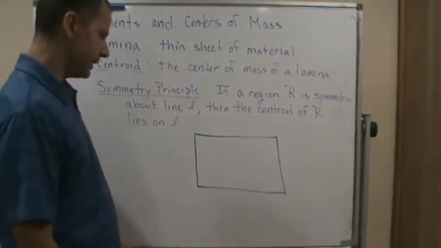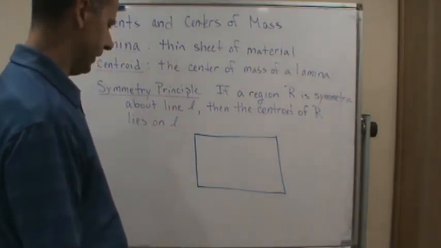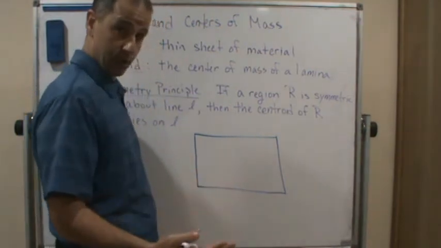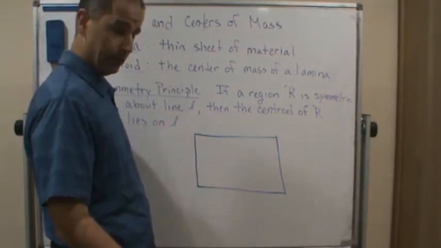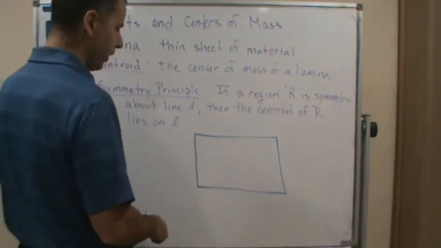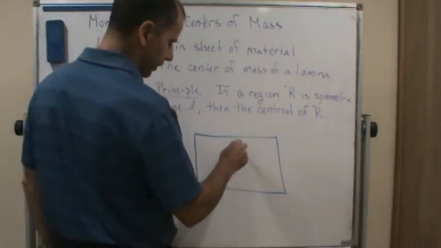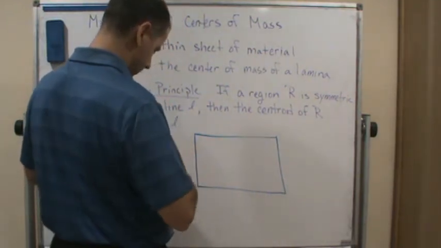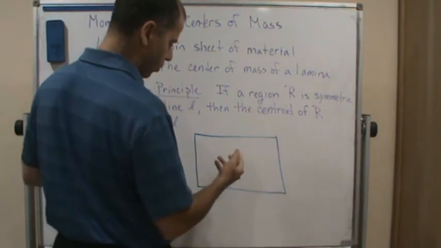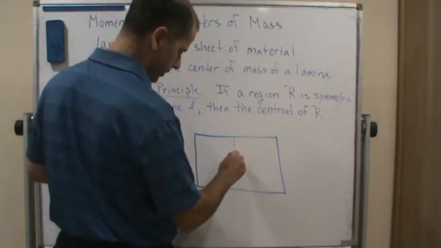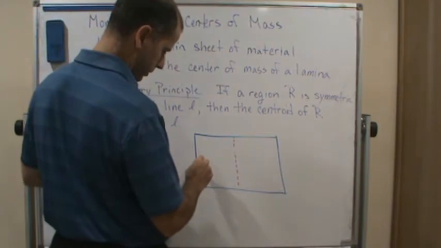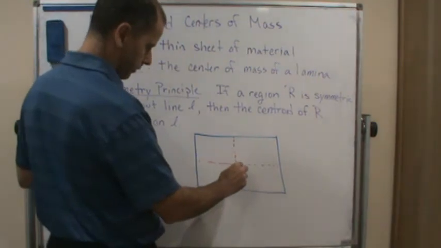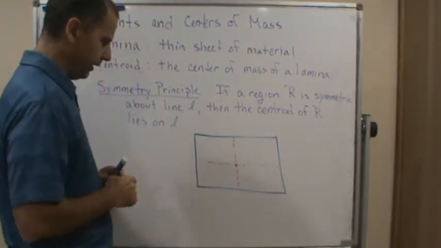If we look at the symmetry of this, we know that on a rectangle, again assuming constant density, it's going to be symmetric, so the centroid is going to be located right there.